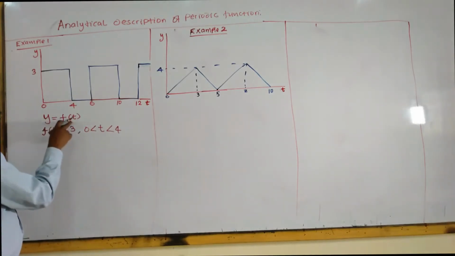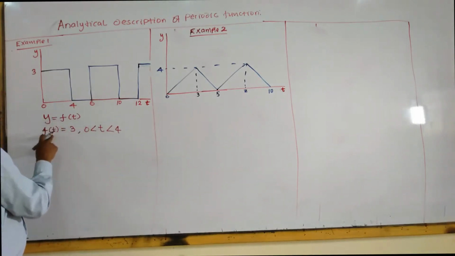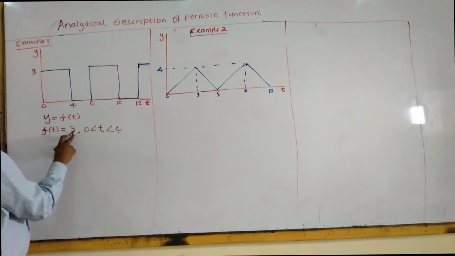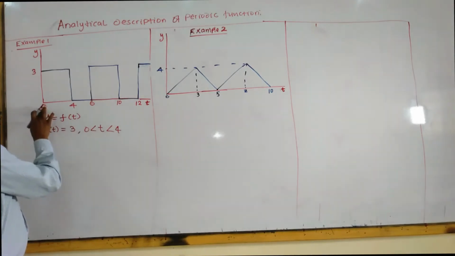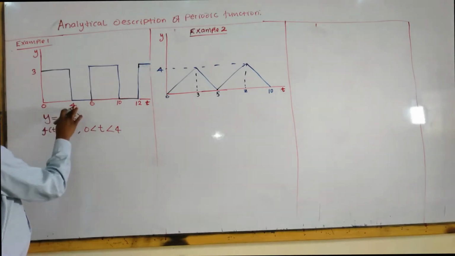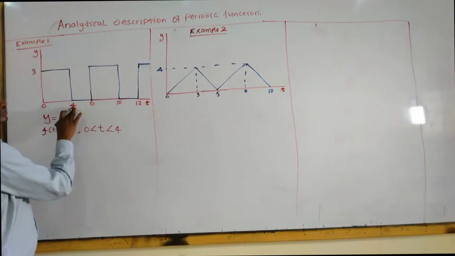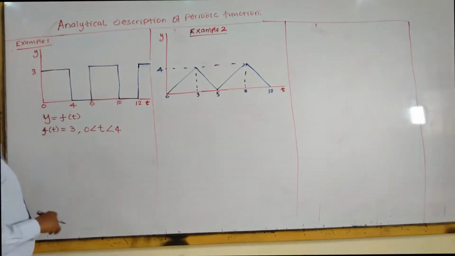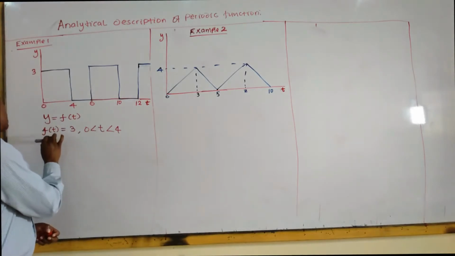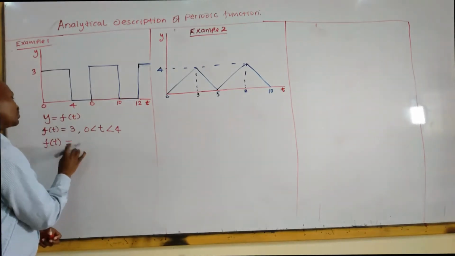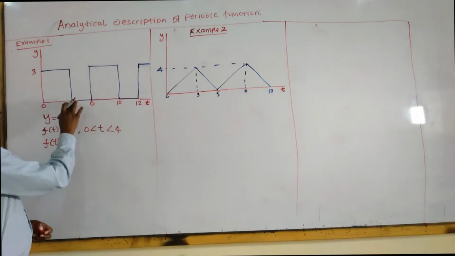Y is a function of time, but that function of time is equal to 3 between time is equal to 0 and t is equal to 4. The value of the function y, f of t, is equal to 0.